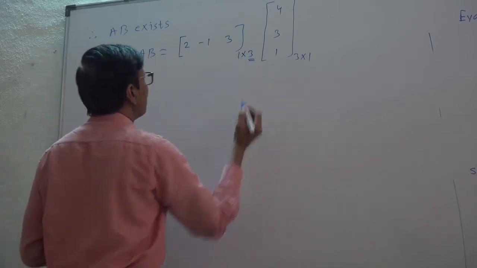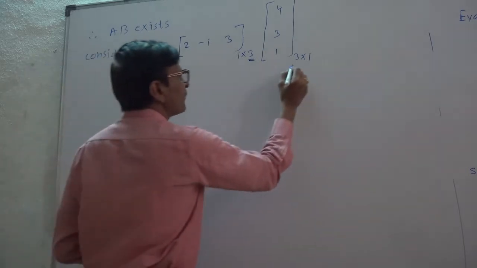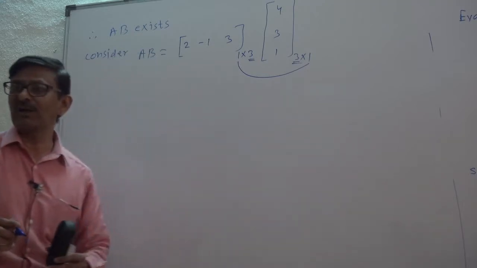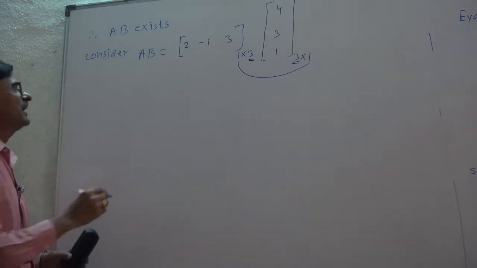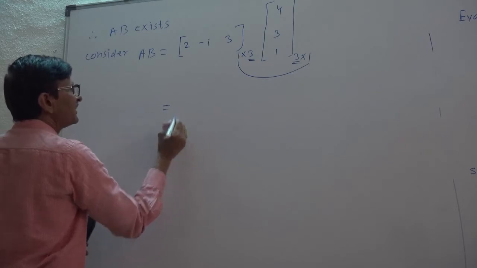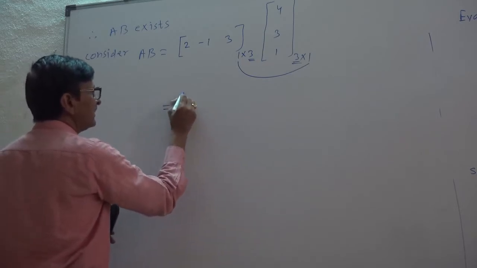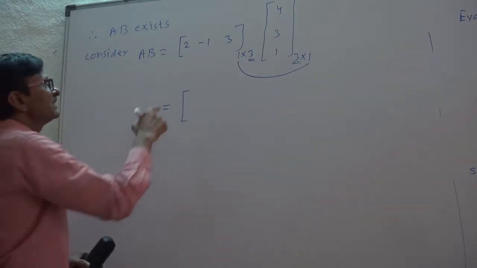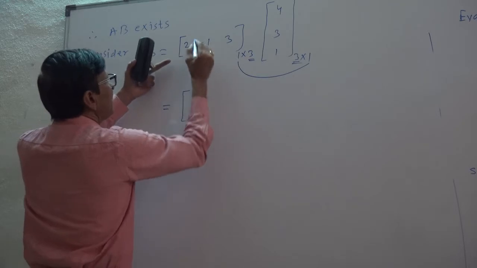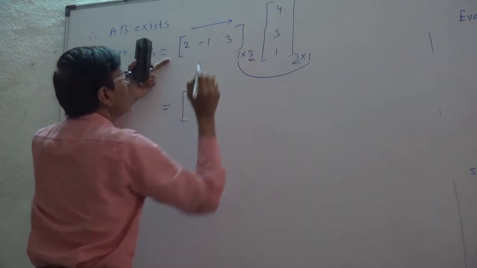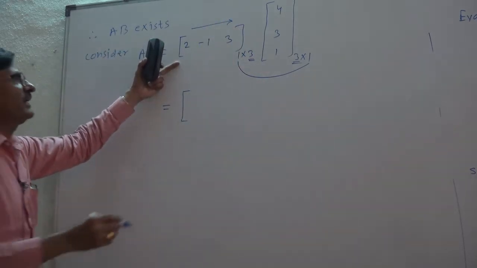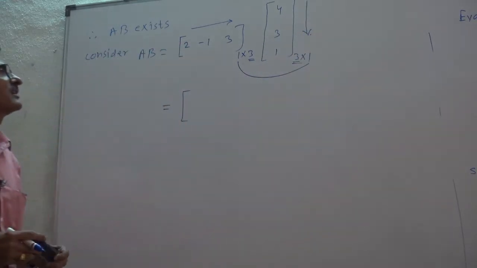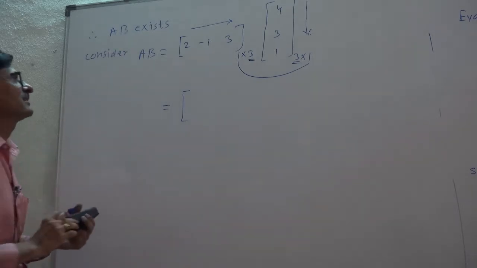Number of columns in A equal to number of rows in B, and the obtained matrix is having order 1 by 1. So here product AB has only one element. We will consider taking elements of prefactor, that is A, row wise, and taking the elements of post factor, that is B, column wise.